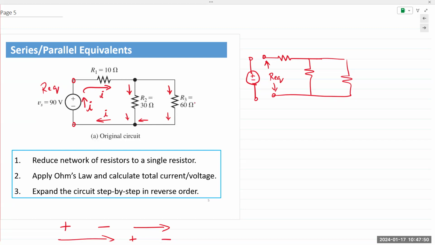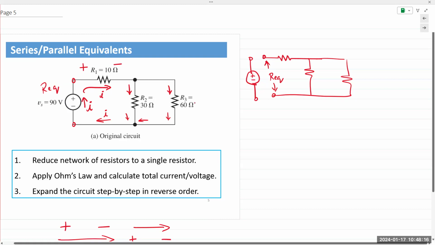Okay. There's one more thing remaining, which is the voltage polarity for all three resistances. Current always goes from high to low, plus to minus. Point of entry is plus, point of exit is minus. So for the resistors, R1, point of entry on the left is plus, point of exit is minus.